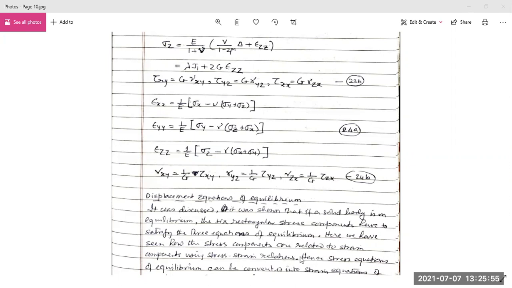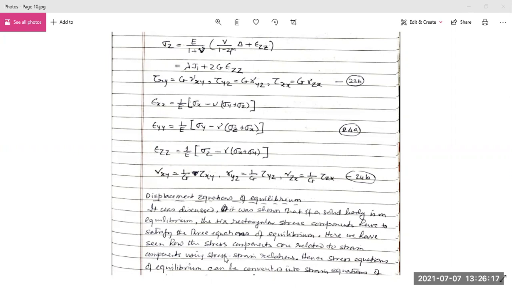Next, we assume that the strain at the point is the same in all directions. That means the material is isotropic. So we have seen how we reduced all the stress components into 2 components only.